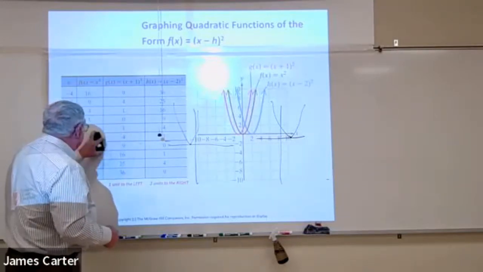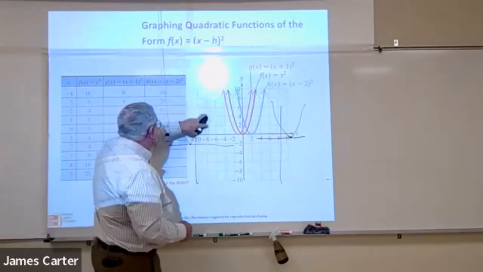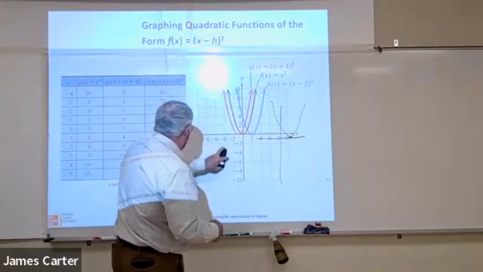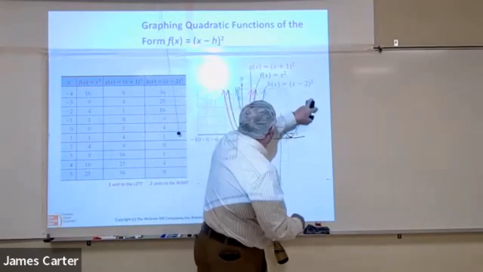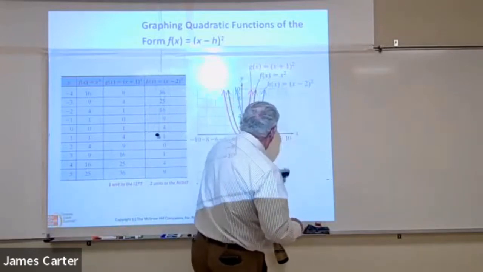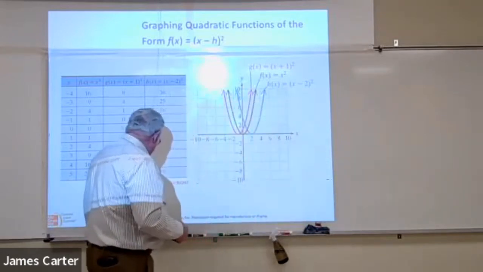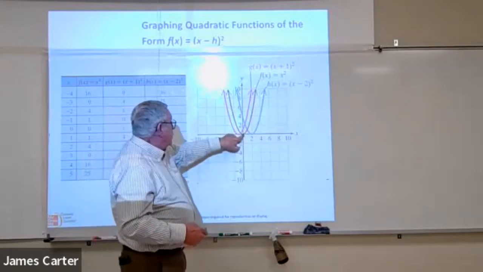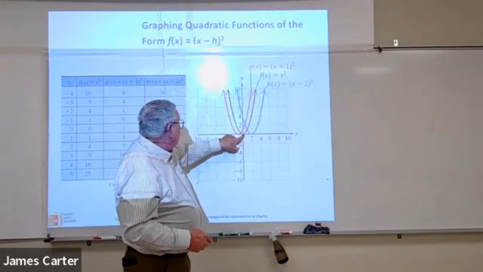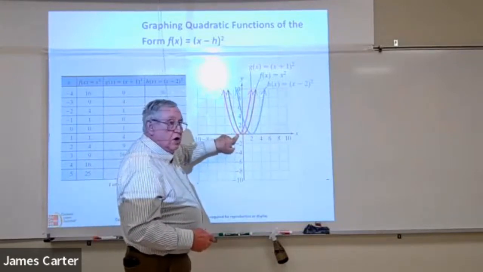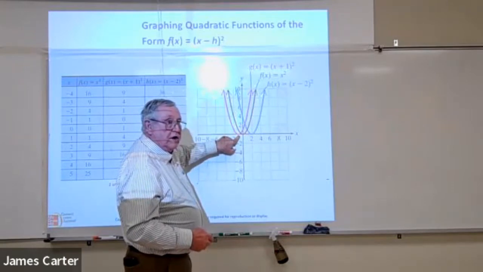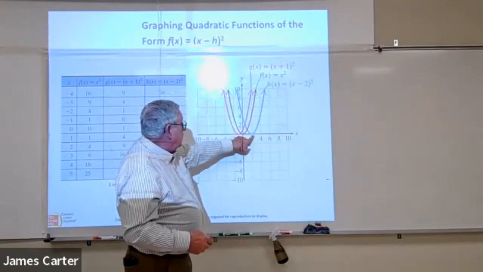Theirs are prettier than mine. So you see here was the fundamental x squared one. This is x minus 1, or x plus 1 rather. And this one's x minus 2.